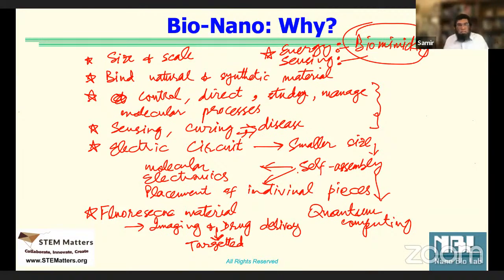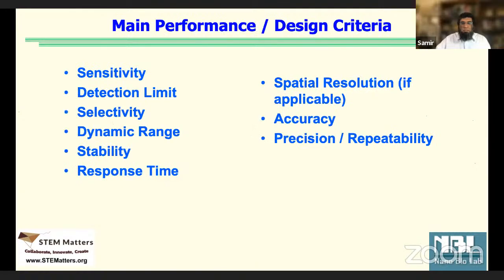And then we know mutation results in cells that become diseased, right? X-Men. They are doing something other than what they're supposed to do. And with nano devices, we can go down to that kind of detection with these sensors. And in all those cases, we have to know these parameters, these properties or performance metrics for our sensor.